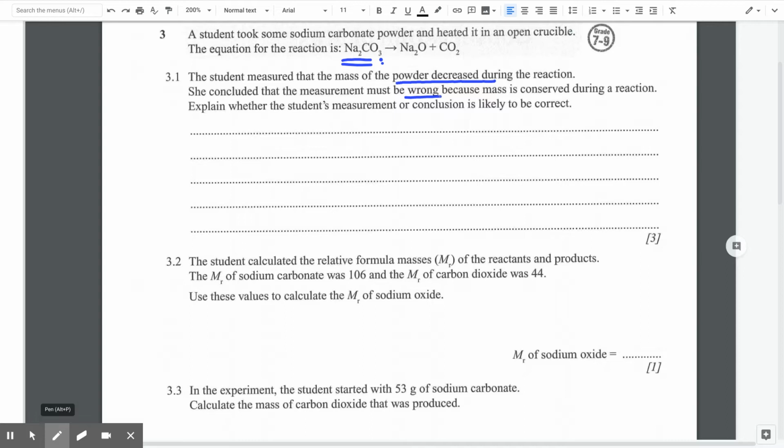Basically, the measurement is not wrong. That's the straightforward answer. And the reason being, sodium carbonate, the left-hand side, is a powder, it's a solid, as is sodium oxide.